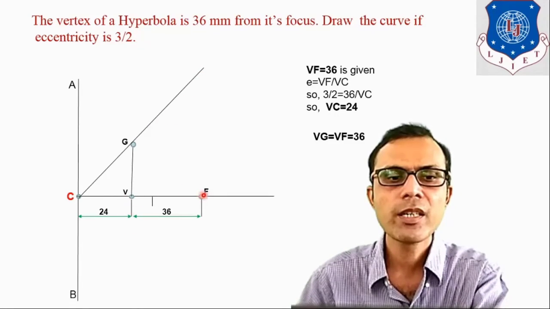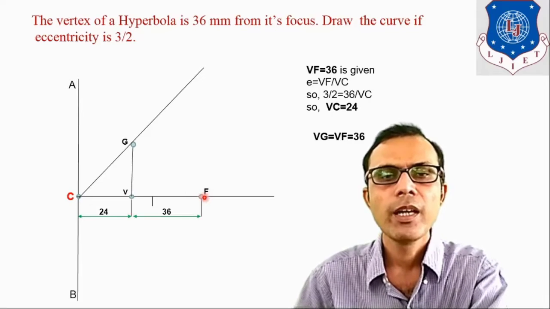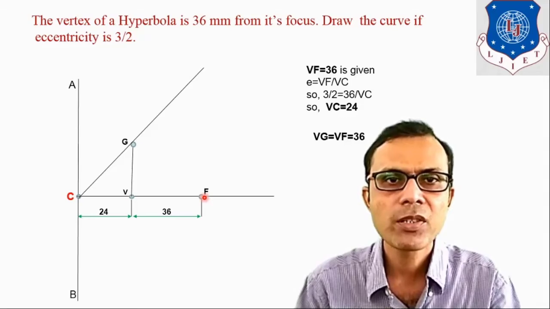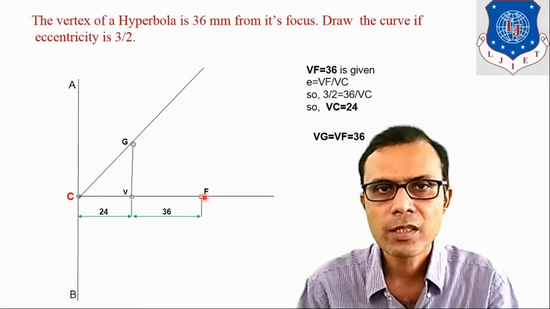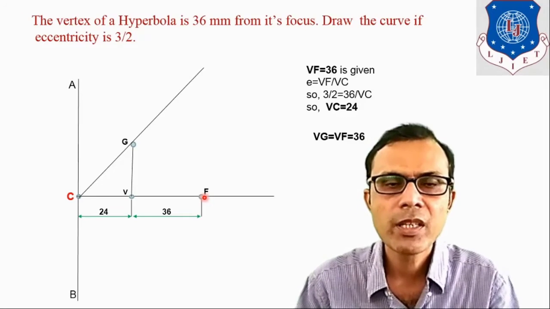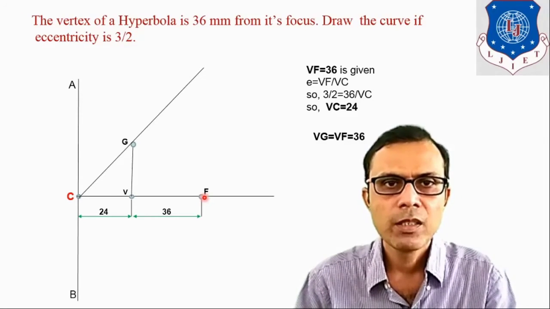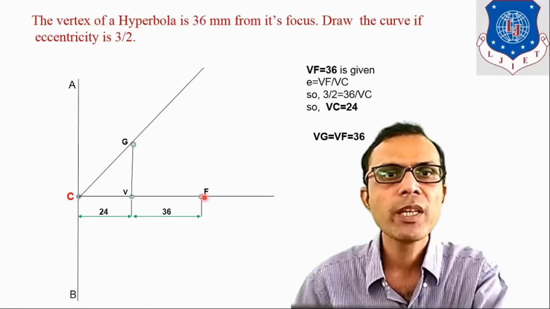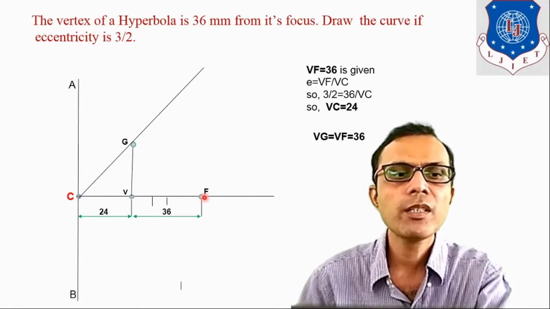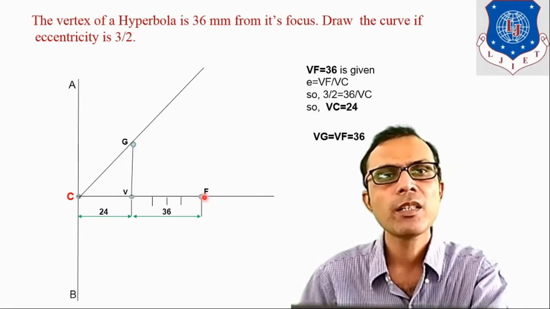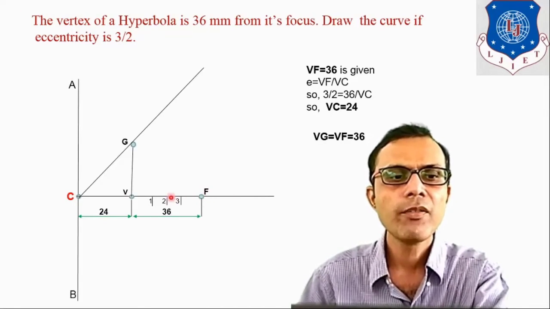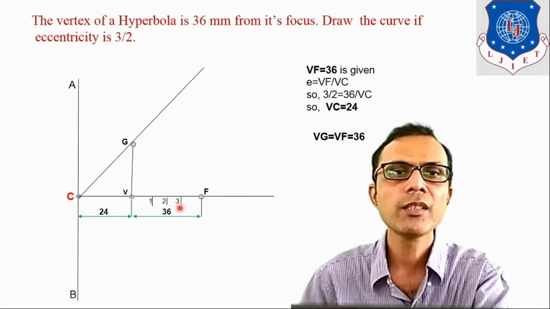Now consider this distance VF, and here also we have to divide this VF dimension into a number of divisions. Depending on the dimension, we should decide how many divisions we should make. Almost all the divisions should be at equal distance. So here in this case, we are dividing it into 4 equal divisions and writing down division numbers 1, 2 and 3.